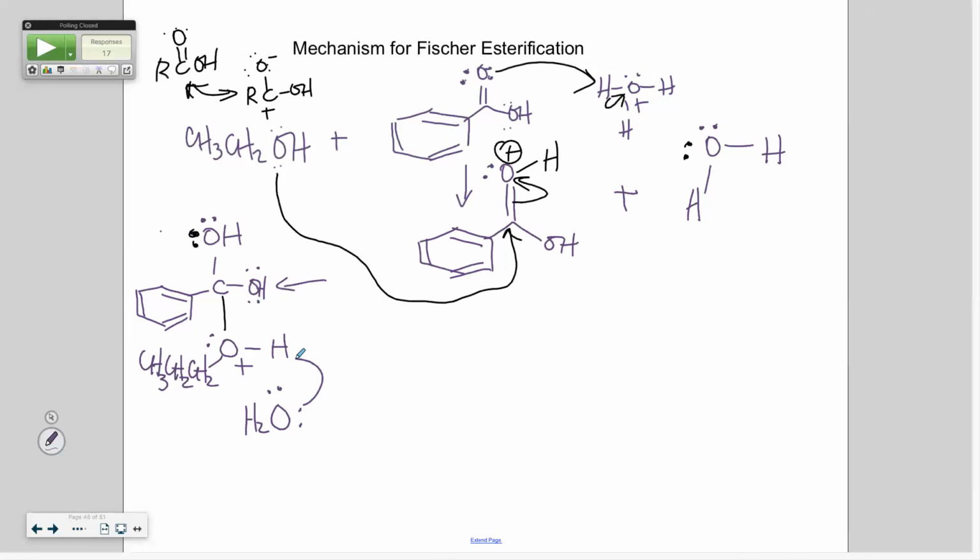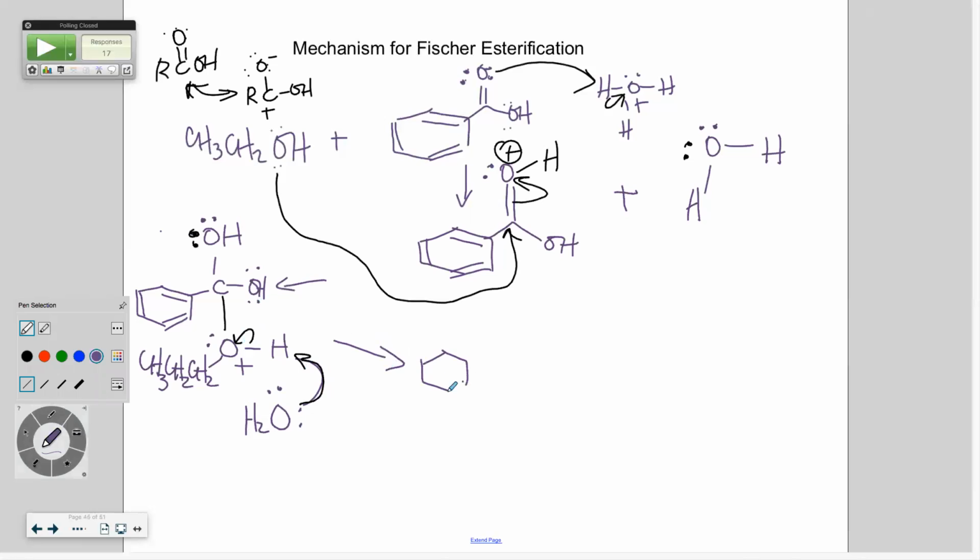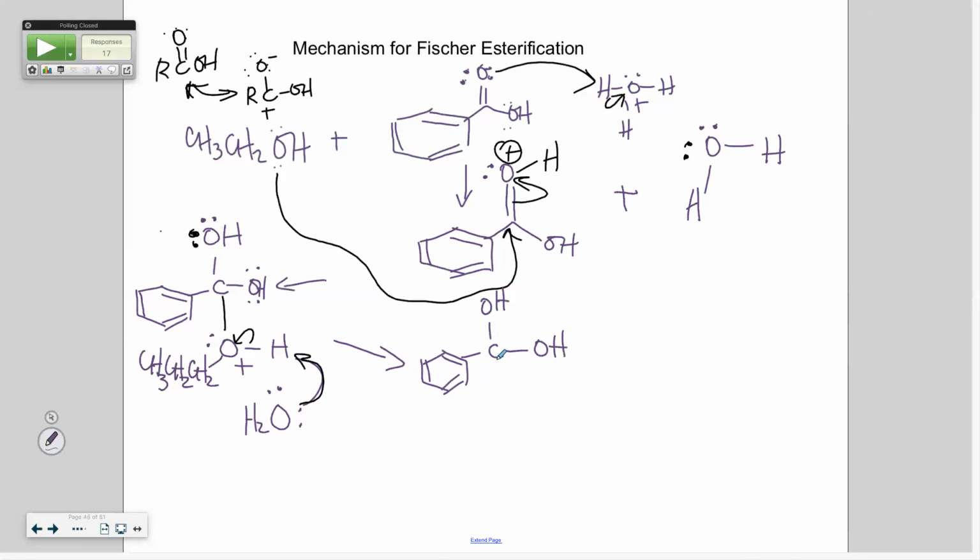Okay, so I like to change colors so that you keep track of what's changing. So we're going to grab that proton, and where do these electrons go? To the O. All right, so remember to draw what didn't change. We still have this, we still have this, we still have this. Only worry about where you put your arrows.